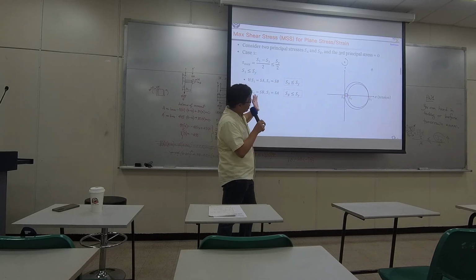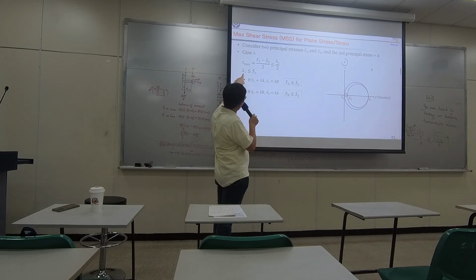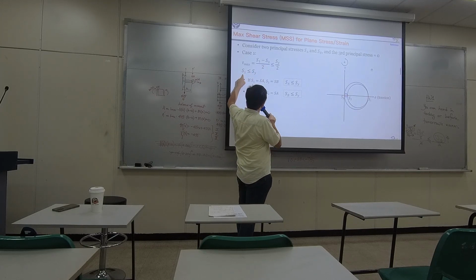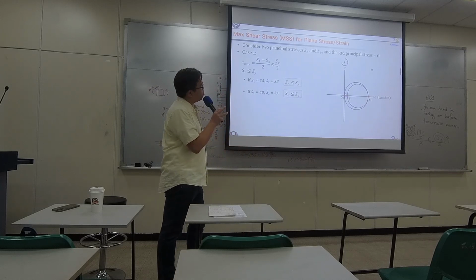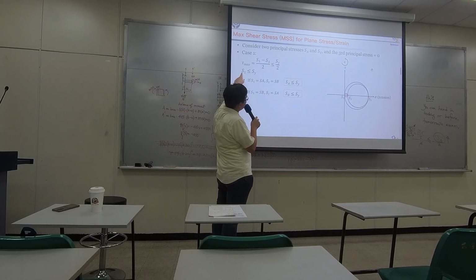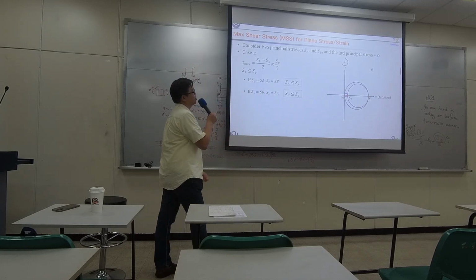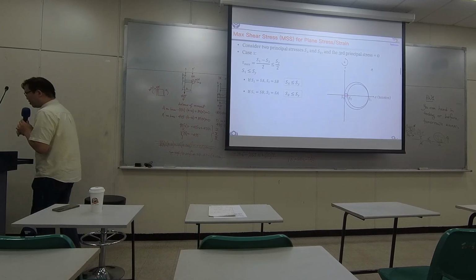Because in whatever drawing I have right here, my S3 is always 0. So actually S1 should be smaller than Sy. That's the general equation in this particular Mohr circle. And S1 could be lying on the coordinate of A or coordinate of B, so it's either SA or SB. Okay? So please bear with me and let's see what's happening later on.